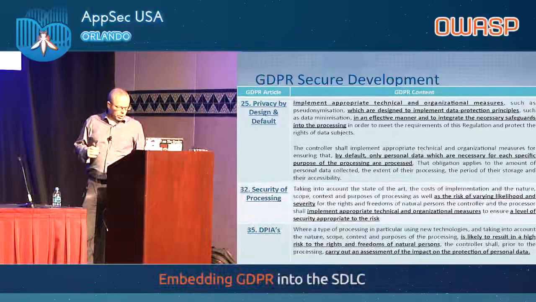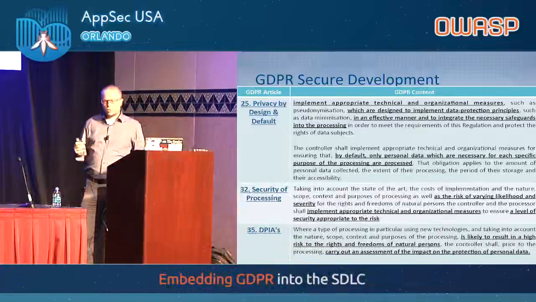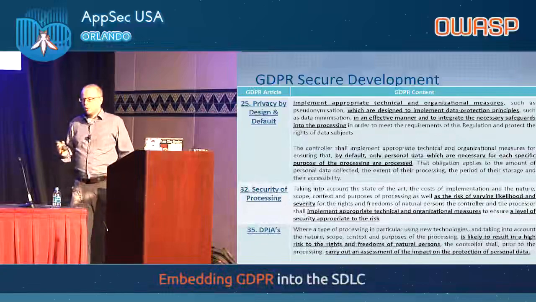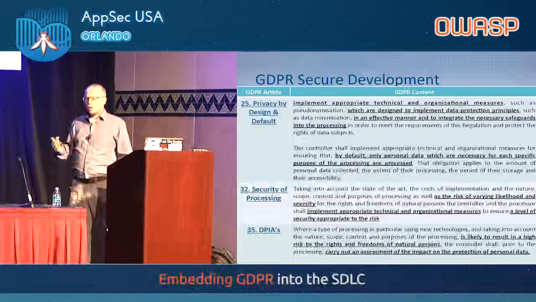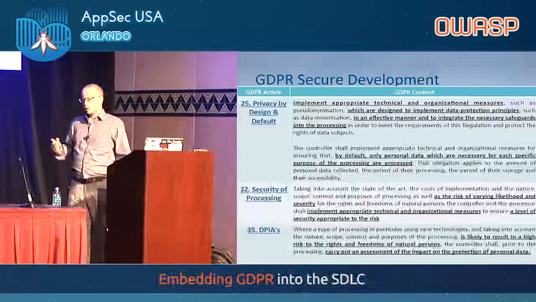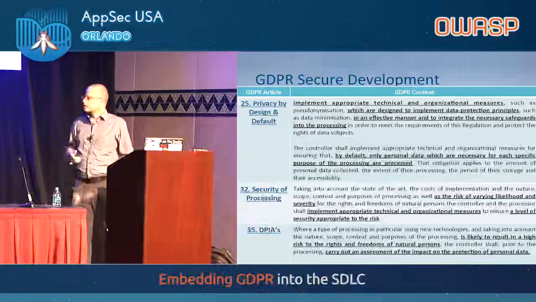It talks about varying likelihood. It talks about another likelihood. It talks about an impact. It talks about risk. So all these things all point to the same thing. That is, how are we going to identify risks? And once you identify them, of course, if you identify a risk, you need to put some kind of a mitigation against it.